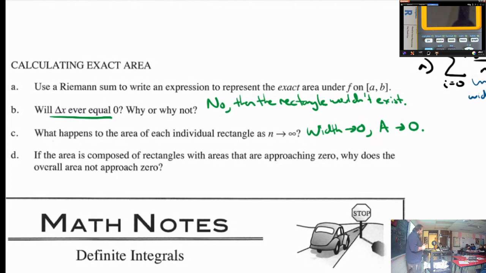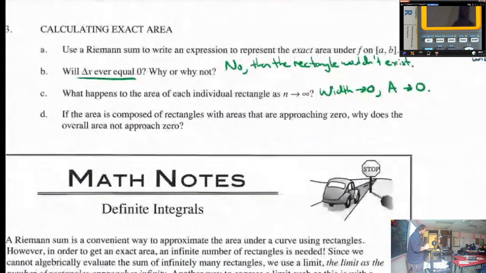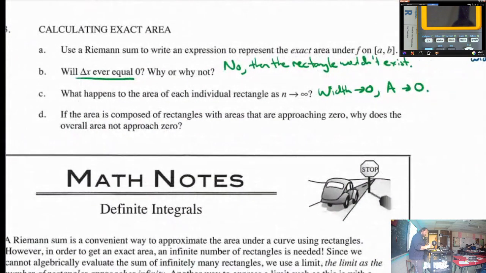And so question D, this is probably the most advanced visual picture we're going to think about right now. But if the area is composed of rectangles with areas that are approaching 0, why does the overall area not approach 0? And the answer here is that because we still have the heights.